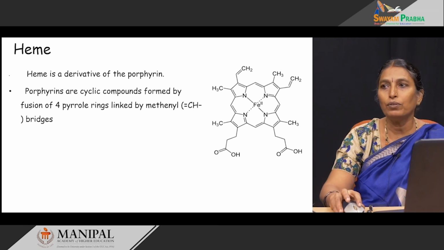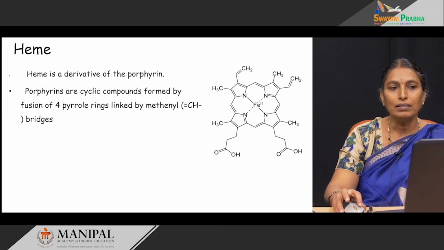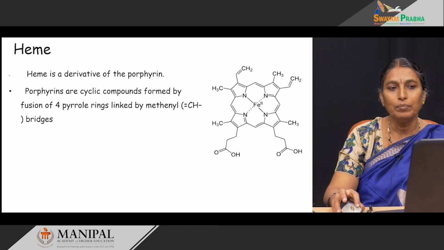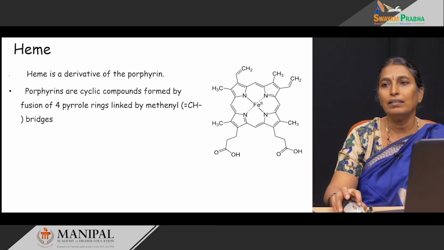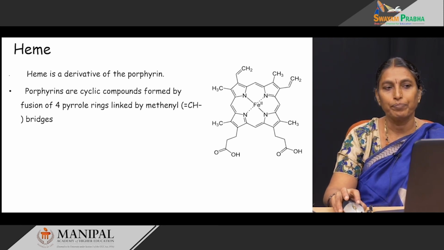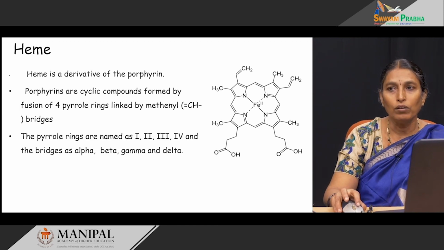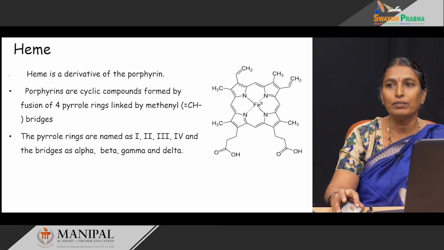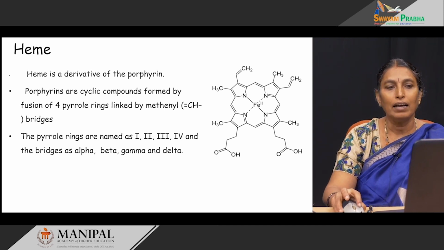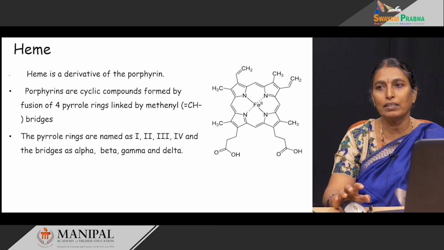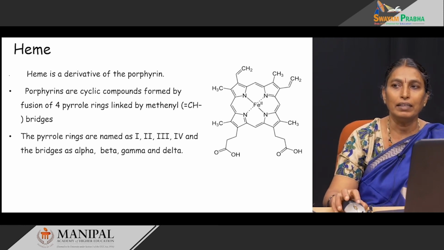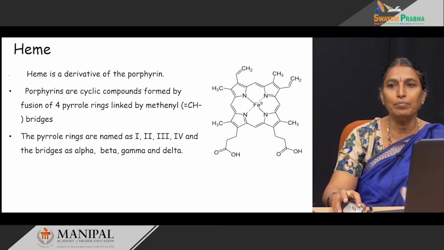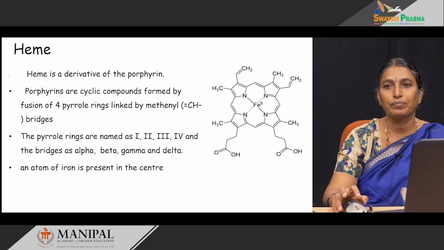These are the 4 pyrrole rings: ring A, ring B, ring C and ring D. They are also named pyrrole ring 1, 2, 3 and 4, instead of A, B, C and D. And these methylene bridges are alpha, beta, gamma and delta.